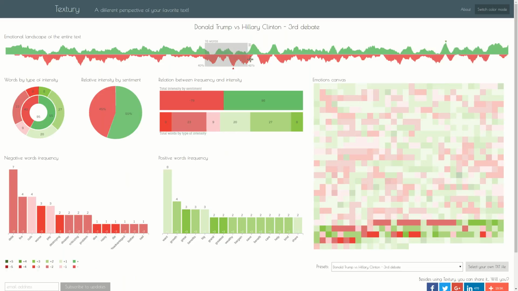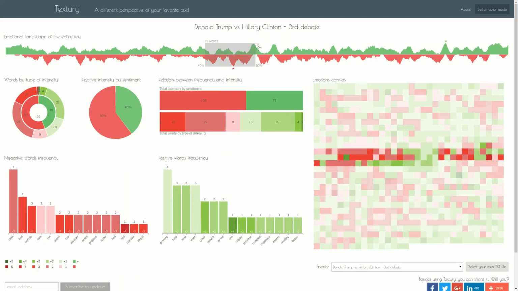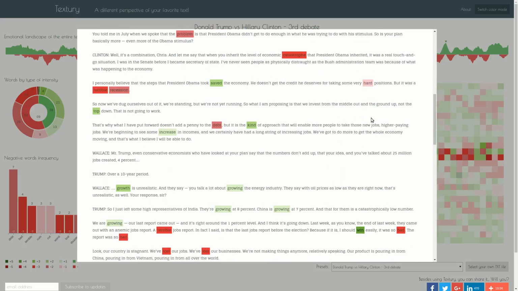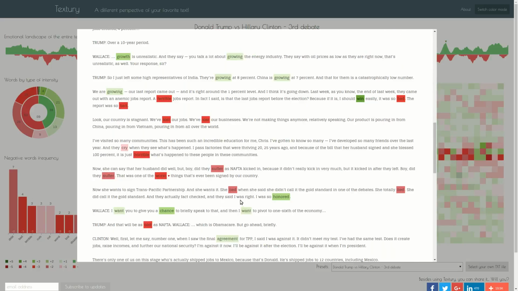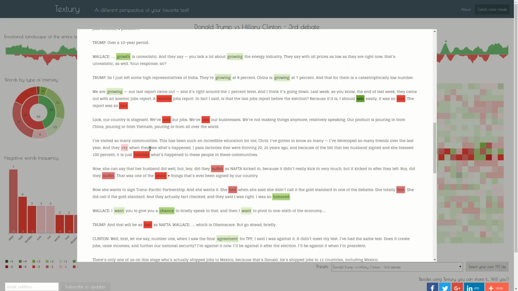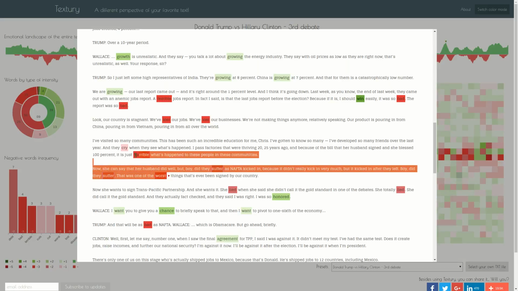Also, you see here, for instance, this red triangle, and you can see it here as well, which means that this specific part of the text represents the highest negative intensity of the text, the highest negative part of the text.